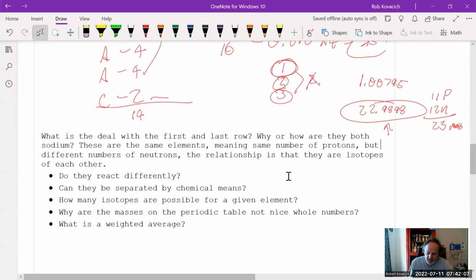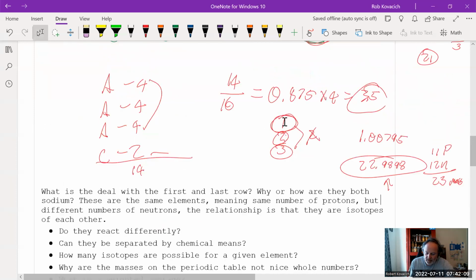So since hydrogen has a whole bunch of 1 mass atoms, then this number is really close to 1. So really what this means in this case is the chances of you encountering a 2 or a 3, if you had 1,000 atoms, about 7 or 8 of them would have a mass of 2 or 3. That's where that comes from.